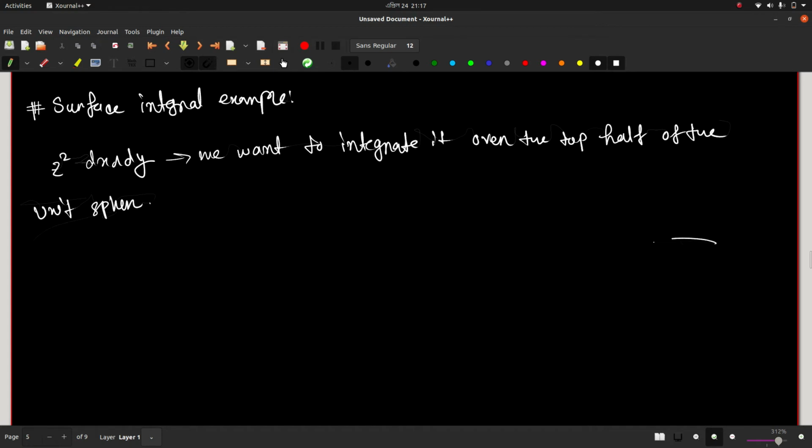So this top half of the unit sphere is our region, and the best way to do it is to go to the parameterization of r and theta for this case.